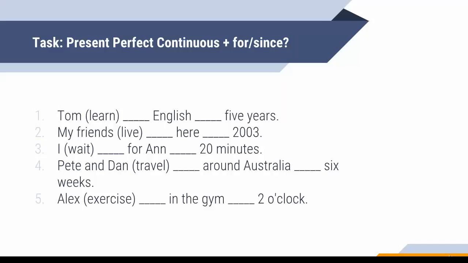What's the difference and how to understand in which sentence you need to use present perfect and in which one present perfect continuous, we will explain in the next video. For now, just do the exercise. Present perfect continuous plus for or since. The rules for and since are the same that you know. For, period, since, moment. Difference with present perfect again in the next video.